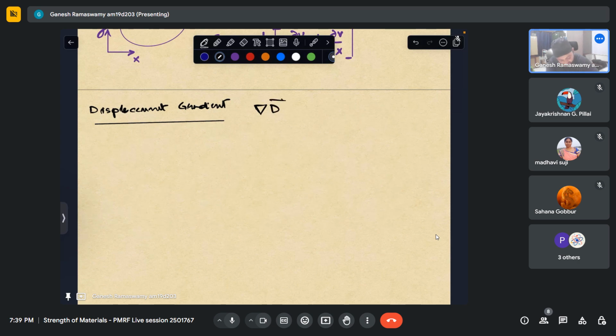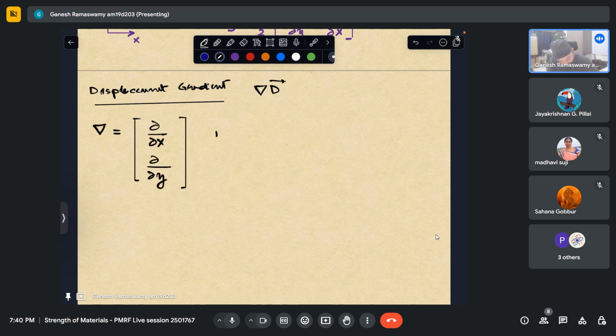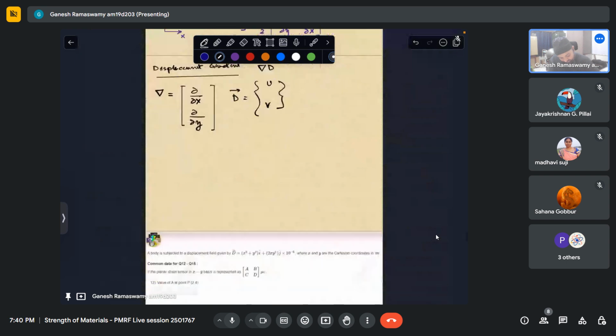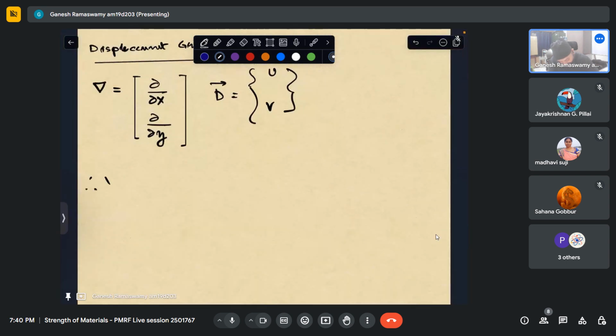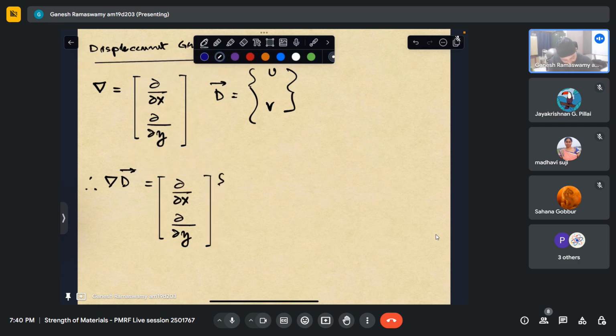Now there might be many symbolisms involved. I don't want to get into that. So this is basically nothing but my dou by dou x operator, dou by dou y. And my displacement field is nothing but u v. So how we calculate this is by taking this and multiplying it with the transpose of my displacement field.